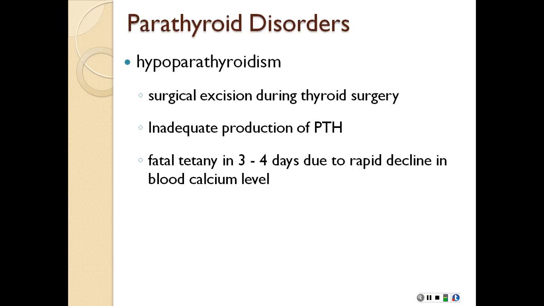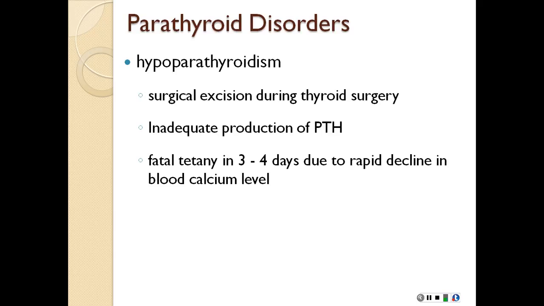So if there's not enough parathyroid hormone, then that's going to cause blood calcium to what? Right, so you have to keep thinking back. Parathyroid hormone increases blood calcium, so if there's not enough of it, blood calcium is going to rapidly decline. And this is a serious condition.